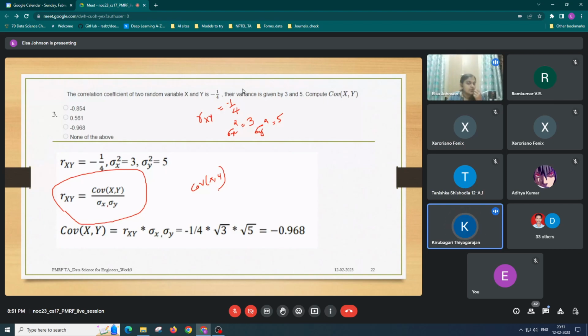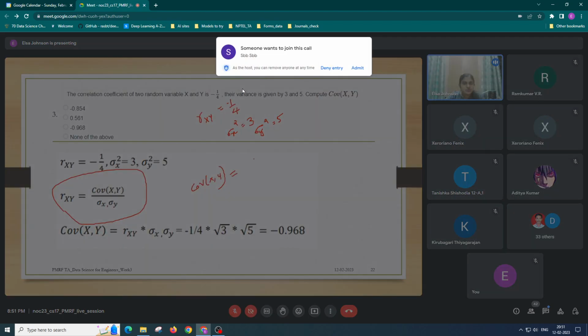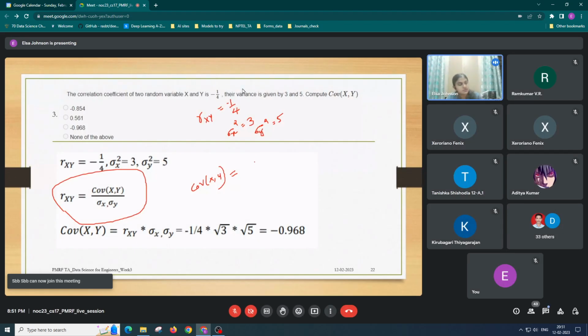You can try with yours. This is the previous run's assignment. They had given minus 1/4. So the values will be changing. Actually, we are asked not to discuss the present assignments with you, so that's why I'll be discussing the previous assignments only. The present assignments you have to solve, but in some cases it will be coming out similar also. So that is what happened in this particular case.